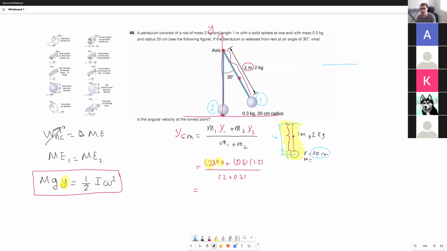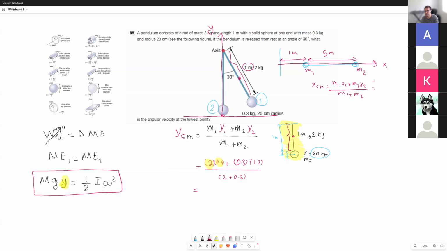Let's say you have one mass here, and this is going to be X, right? This is going to be M1, M2. This distance is 1 meter. This distance is, I don't know, 5 meters. What's going to be the center of mass? X center of mass is going to be M1 X1 plus M2 X2 divided by M1 plus M2, right?